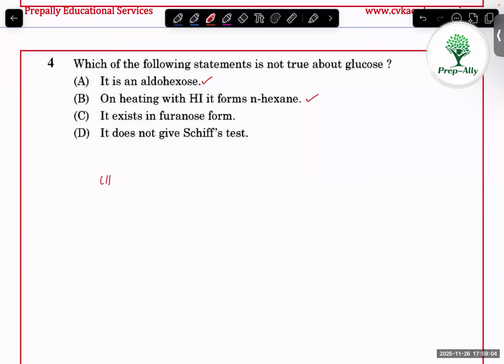When you are heating this particular glucose, what will happen is, with HI, it will react to form a 6-carbon chain of CH3, CH2, CH2, CH2, CH2, CH3, which is n-hexane.